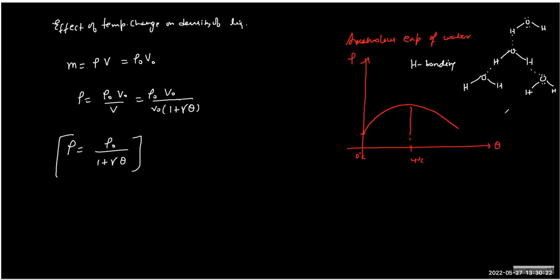So what happens? At very low temperature, the H bond is very effective. As temperature increases, the H bond will be given sufficient energy to be broken. They'll break the bond, and that will release the water molecules. And because the energy is consumed in bond breakage, the kinetic energy of the molecules is still less, so they will come close.